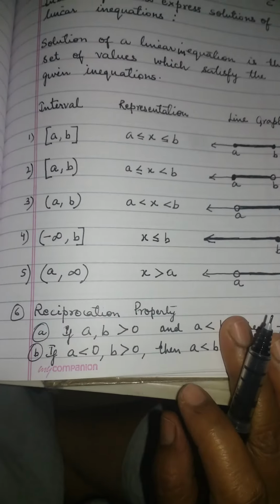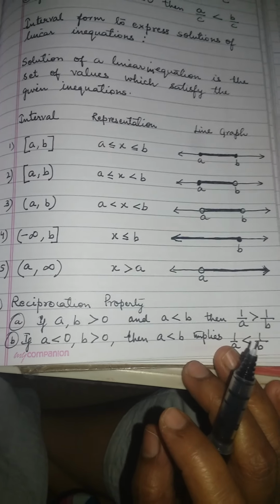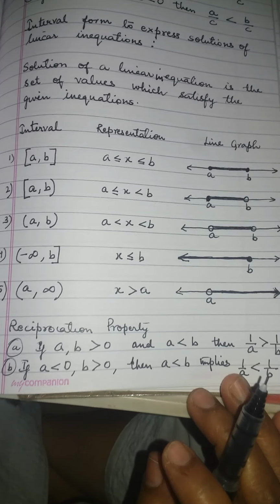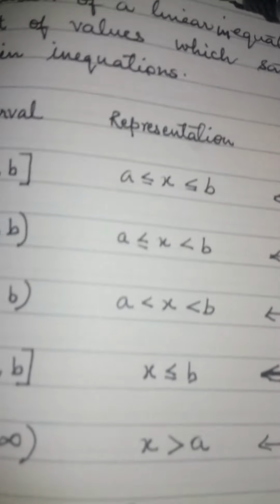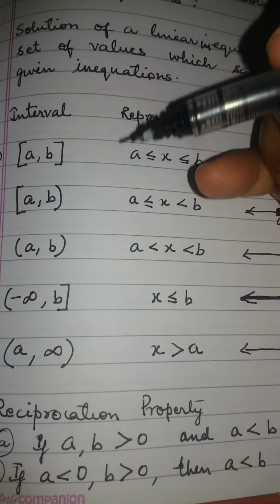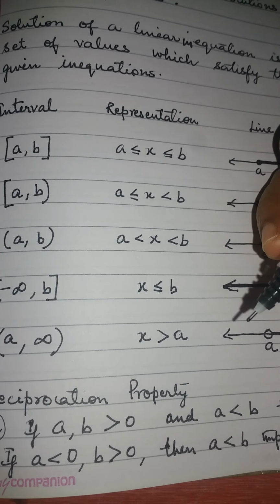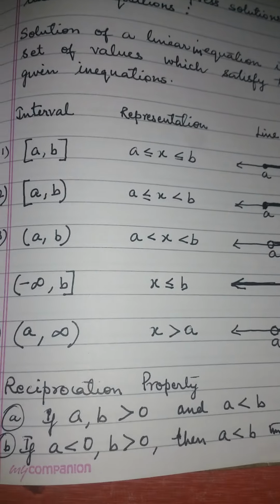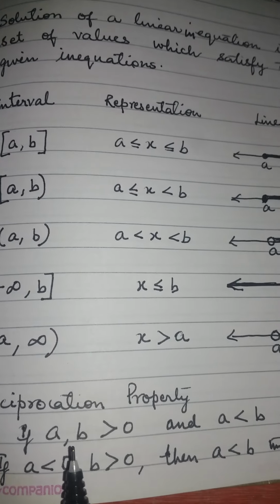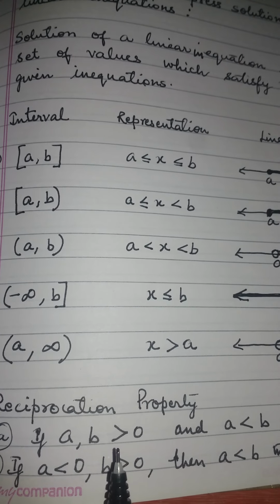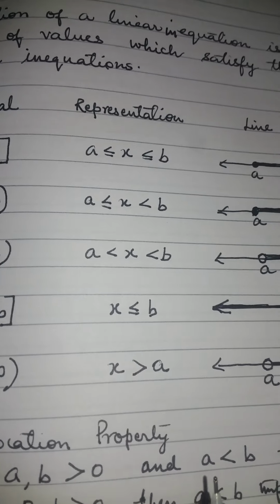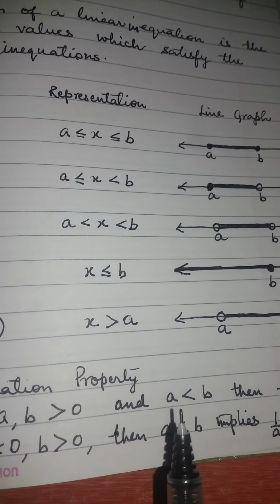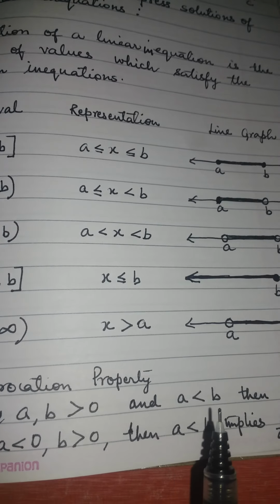Now the last property is the reciprocation property. See, in the reciprocation property there are again two cases. If a and b both are positive, meaning a, b is greater than 0, and we have one more condition, that a is less than b.